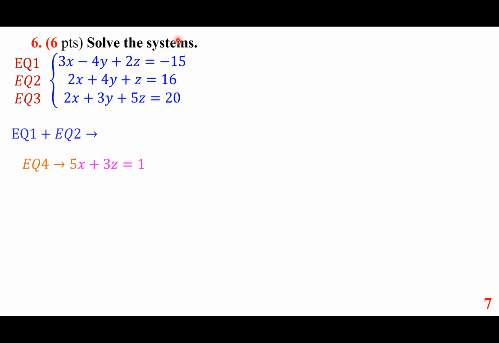Now, since we have used equation 1 and equation 2, we can use any of them, but equation 3 is a must. We have to use equation 3 with either the first one or the second one. So if we want to get rid of the same variable, by the way, we got rid of the y, we have to do the same thing. Over here, I can multiply this by 4 and this one by 3.